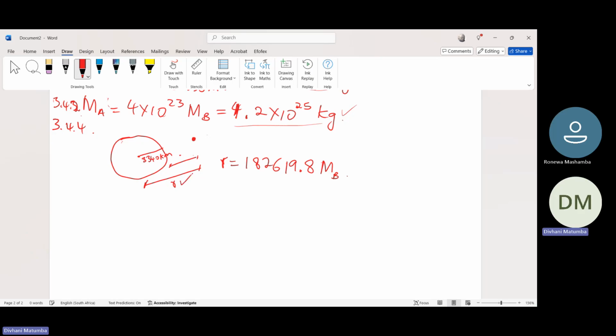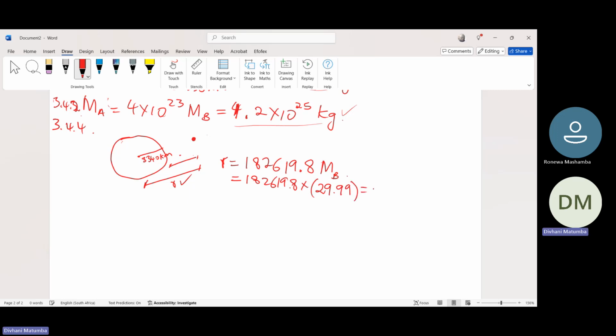R is this value. I don't know if you agree. Yes, sir. Okay, because the value of R is the distance between the centers. So we have 182,619.8 times the value of MB. We got the value which was 29.99.